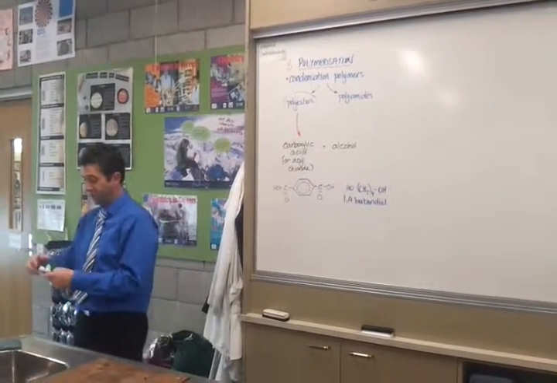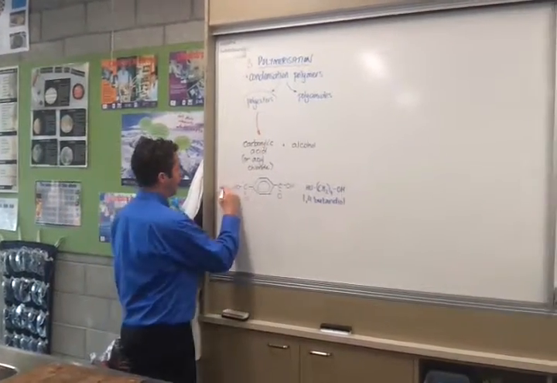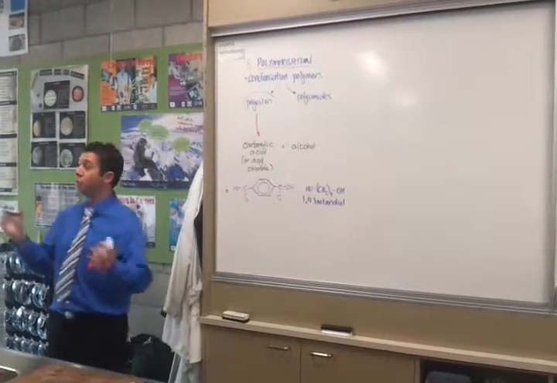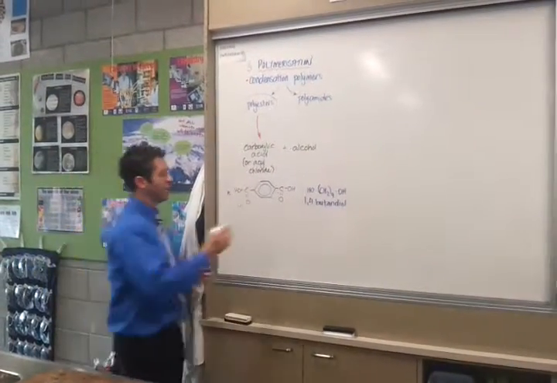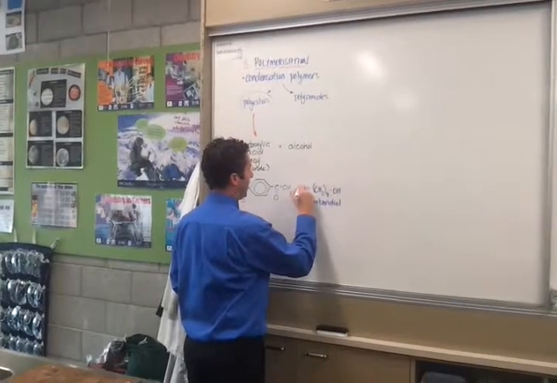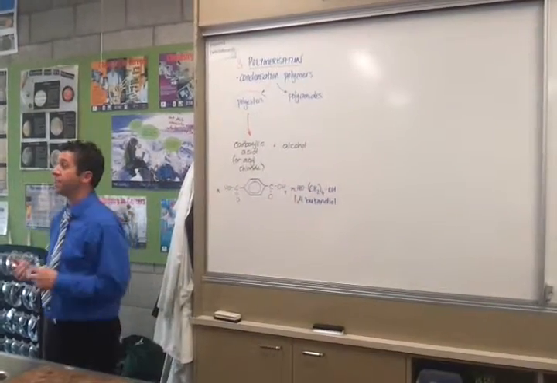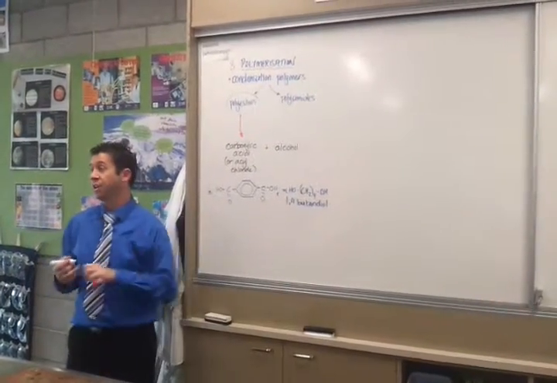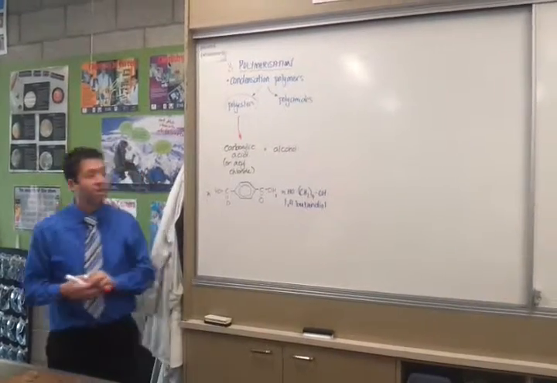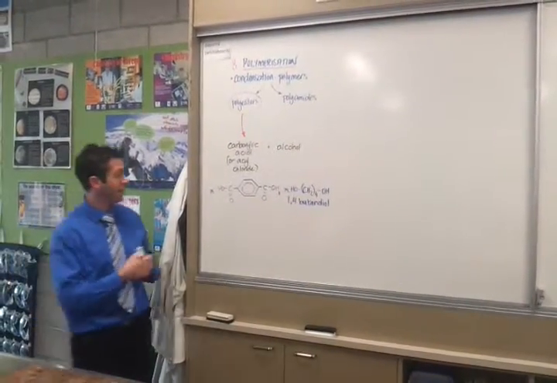So what happens is you have n amount of these. N just means huge number, thousands and thousands of them, plus n of those, again thousands and thousands of those, in a 1-to-1 ratio. And they end up joining to look something like this.